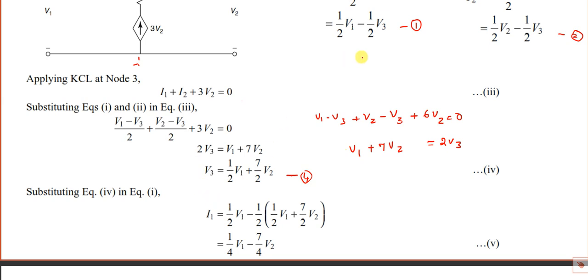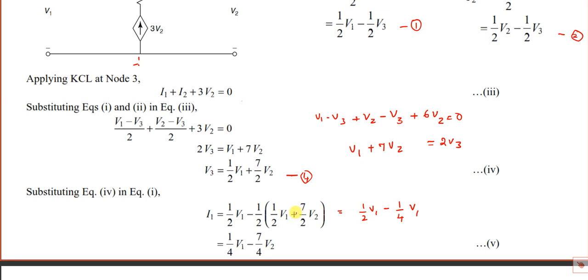If I substitute in equation number 1 the value of V3, the V3 value is this. So 1 into 1 by 2, into 1 by 2 is 1 by 4, you are going to get. I will simplify this. 1 by 2 V1. This way, if I multiply half into half, it is 1 by 4 V1.